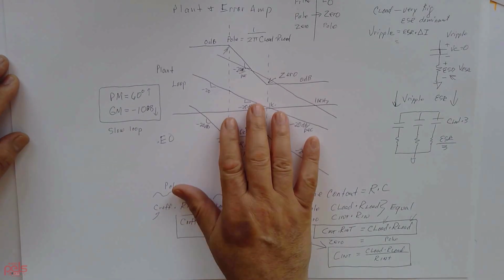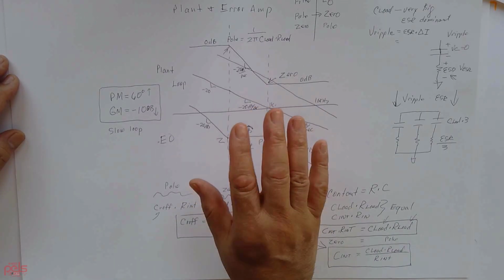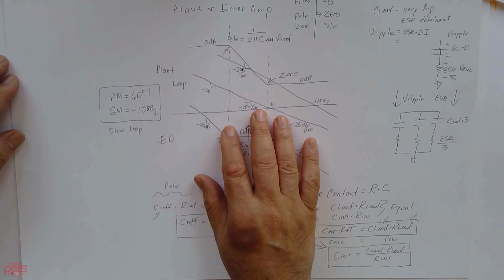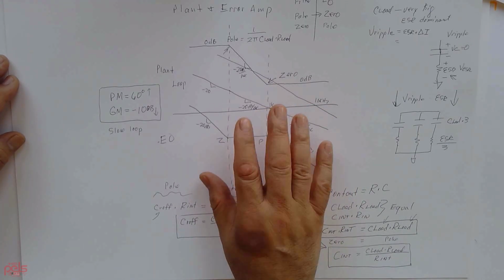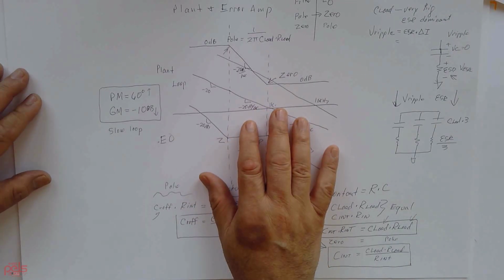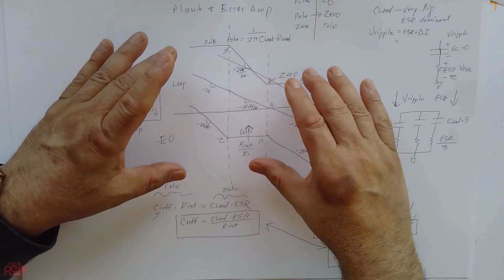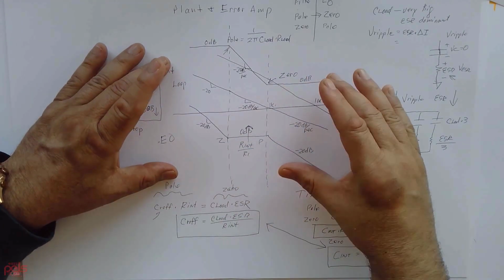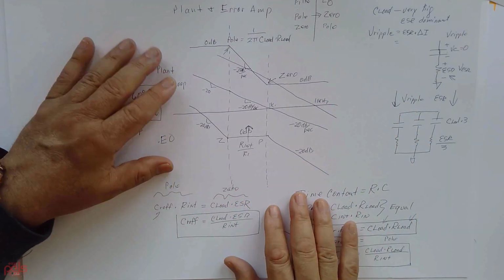This technique you can do for a DCM, a discontinuous flyback. You can use it on a CCM buck to switch forward. So it's a good starting point. Like I said, it's first order, but the technique of compensating with poles and zeros applies to both.